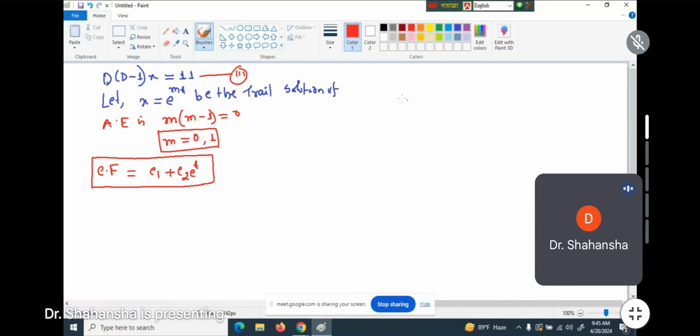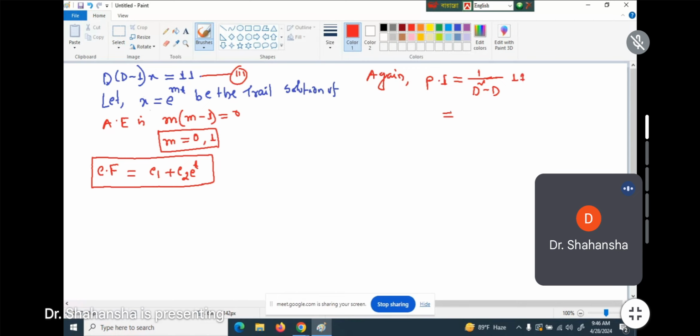Now we have to find the particular integral. PI means 1 by f of D. f of D means D square minus D. The right hand side is the constant value 11.